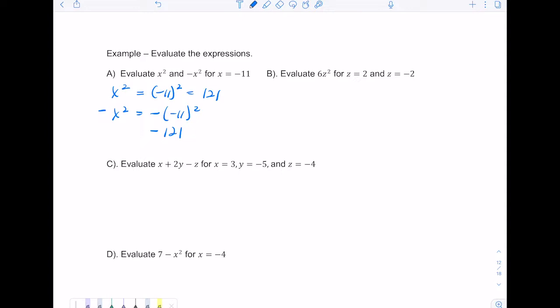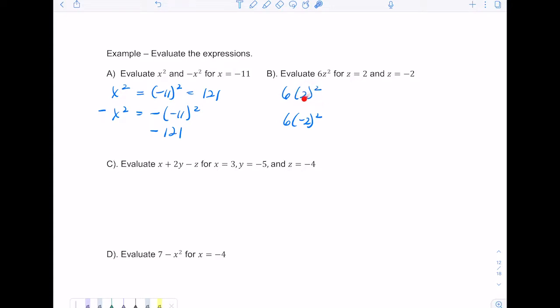In letter B, I have the expression 6z squared. So first I'm going to substitute a 2 in, and then I'm going to substitute a -2. Okay, so first it tells me z equals 2, so I'm substituting in a 2. And then z equals -2, so I'm substituting in -2. And if you think of order of operations, you would need to take care of powers first.